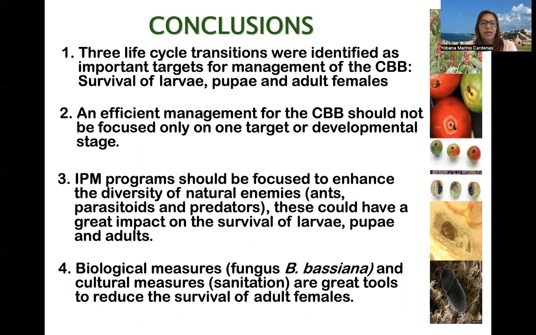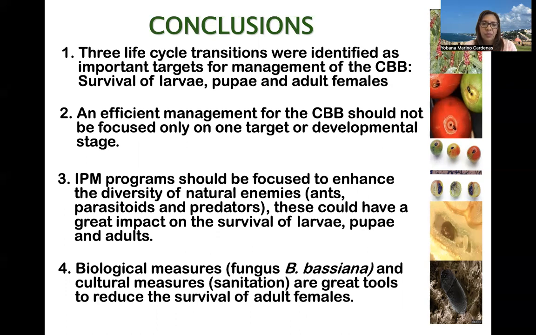Also, we observed that an efficient management of the coffee berry borer should not be focused only on one target or developmental stage, because higher levels of change or impact have to be made to reduce the value of population growth rate.